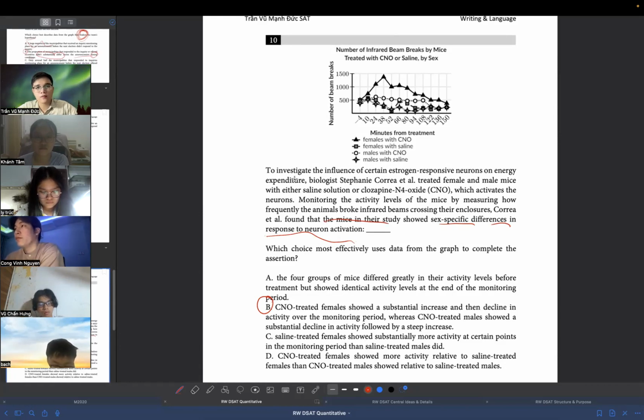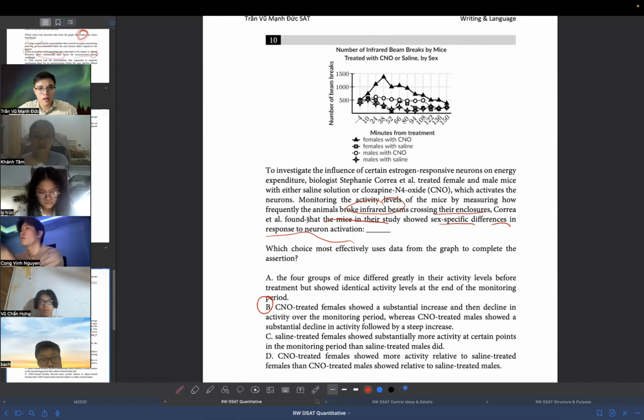This one is going to be progressively more difficult. To investigate the influence of certain estrogen-responsive neurons on energy expenditure, biologists monitored the activity levels of the mice by measuring how frequently the animals broke infrared beams crossing the enclosure.